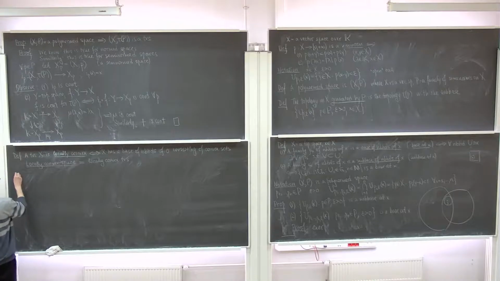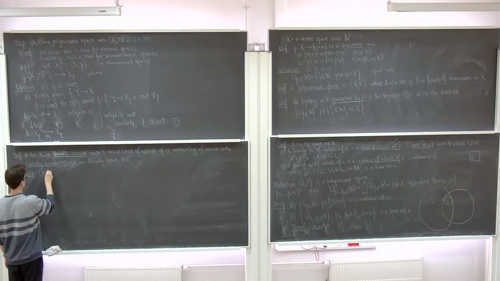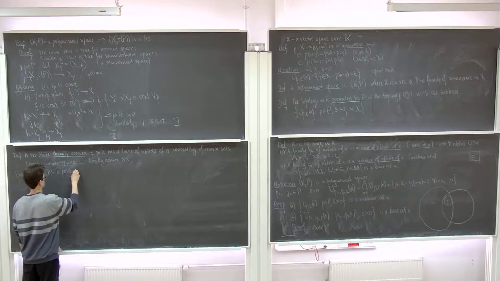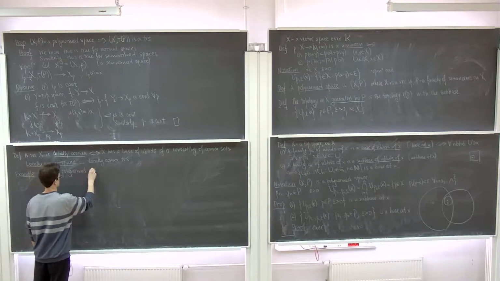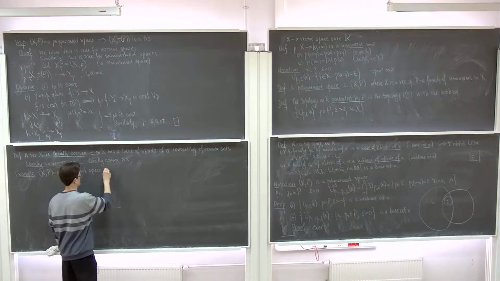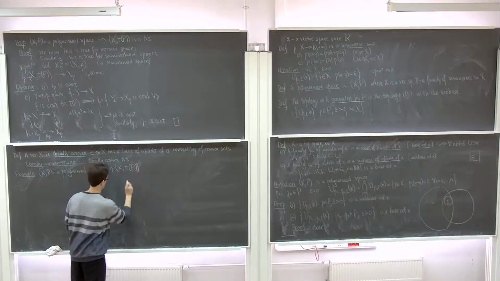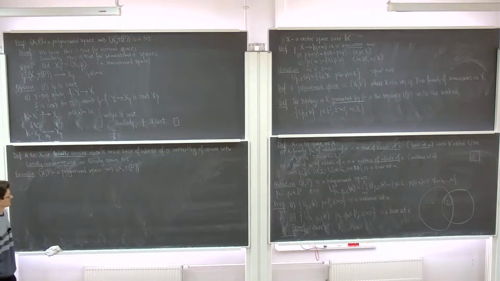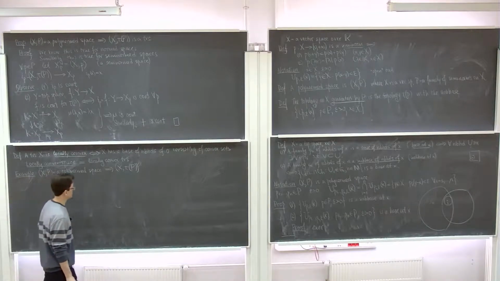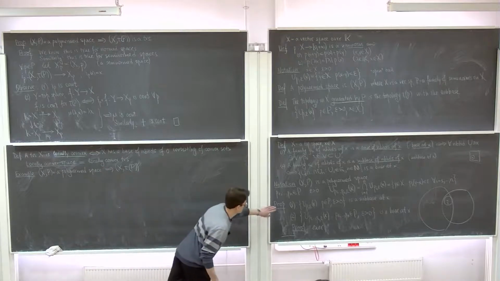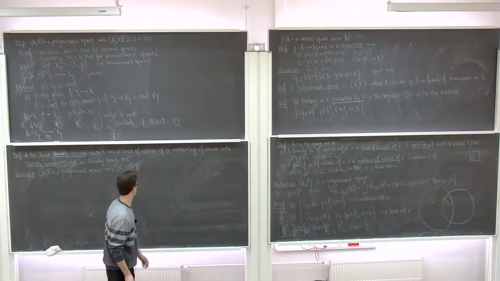Here is an obvious example. If we start with a polynomial space (X, P), we already know that X becomes a topological vector space for the topology generated by P. But it's almost immediate from the previous proposition that this is a locally convex space.